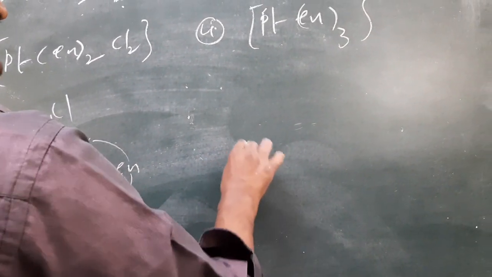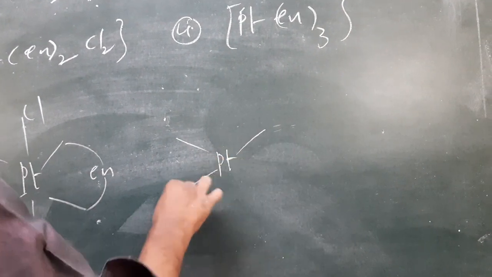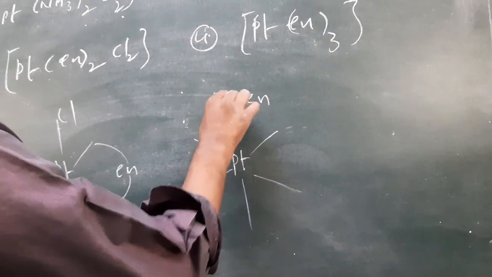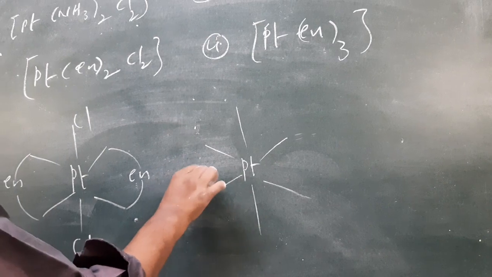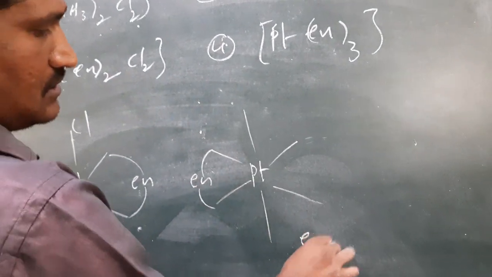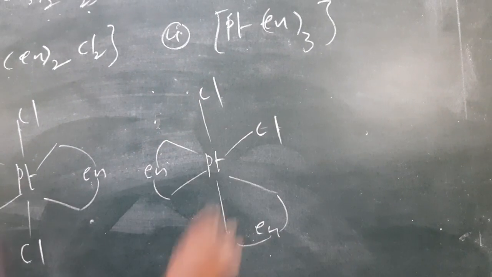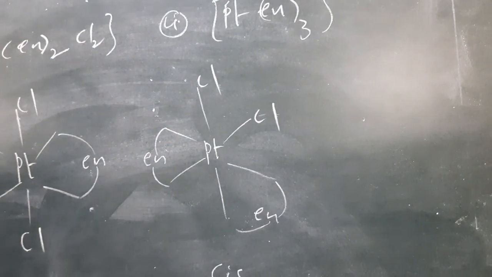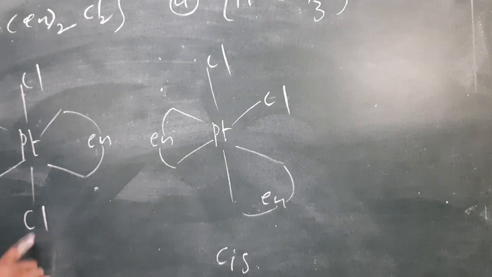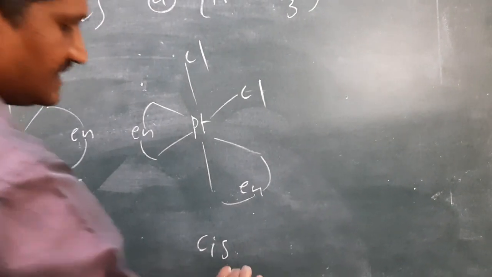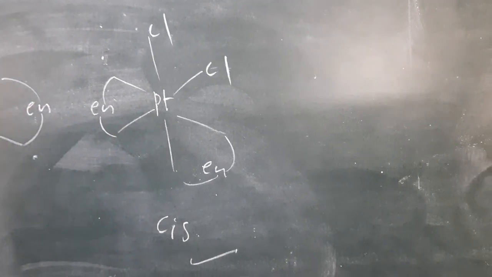And if you write a cis compound, ethylene diamine, chlorine, if 2 chlorines are adjacent, this is a cis compound. So trans and cis geometrical isomers. And in this case, the cis compound also shows optical isomerism.